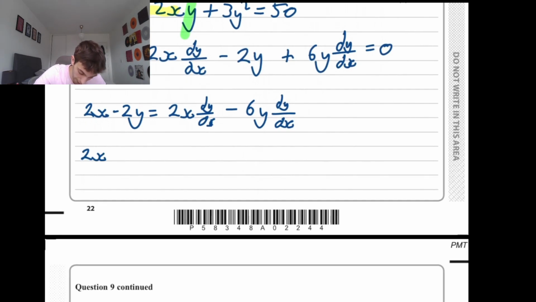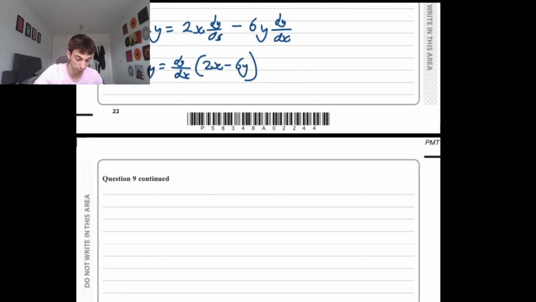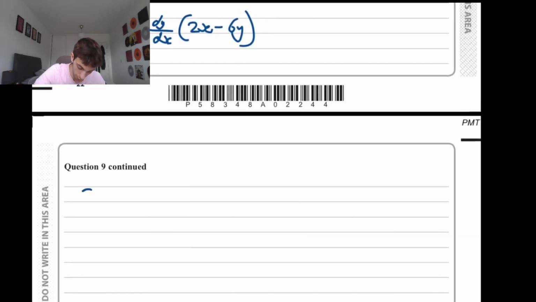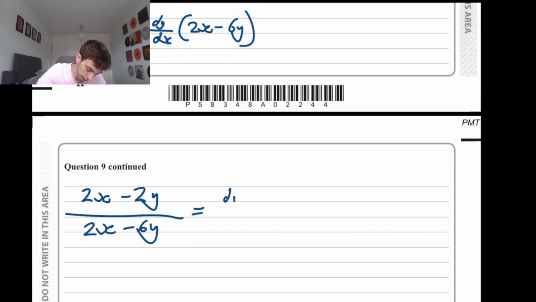So we have 2x minus 2y equals dy/dx times (2x minus 6y). Then all we have to do now is divide the left hand side by 2x minus 6y. Nothing too tricky there. So dividing over, we have (2x minus 2y) over (2x minus 6y) equals dy/dx.